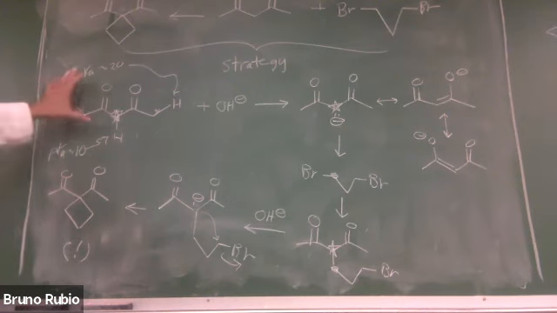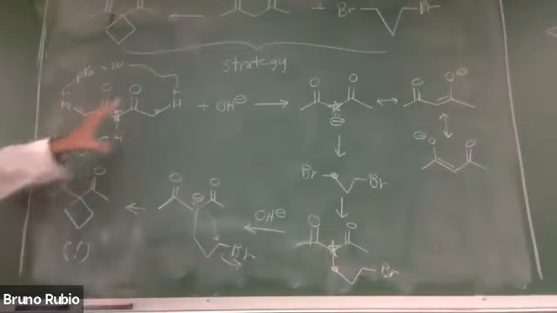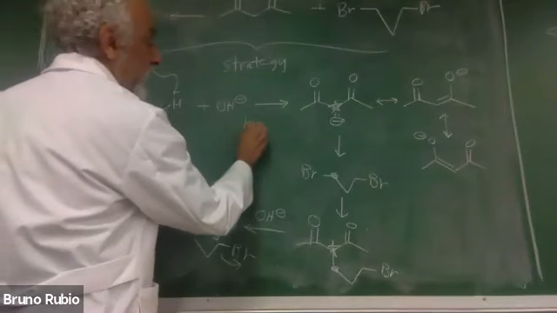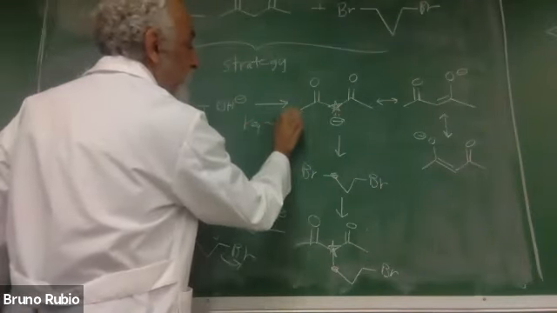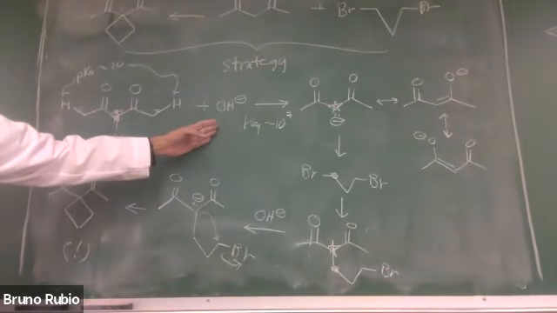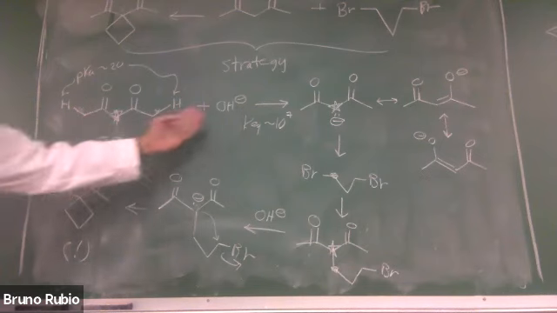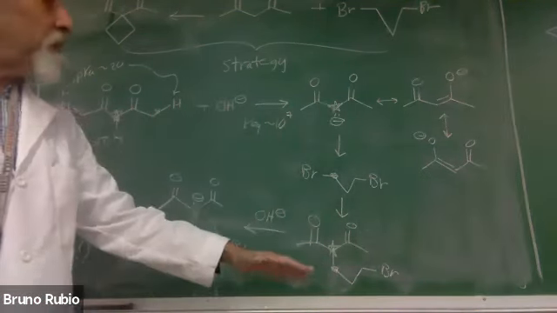Okay, so the synthesis was 3 steps. First step, enolization, right? The equilibrium constant for this reaction is about 10 to the 7. In other words, when I treat this compound with the hydroxide, it's 100% yield of enolate.